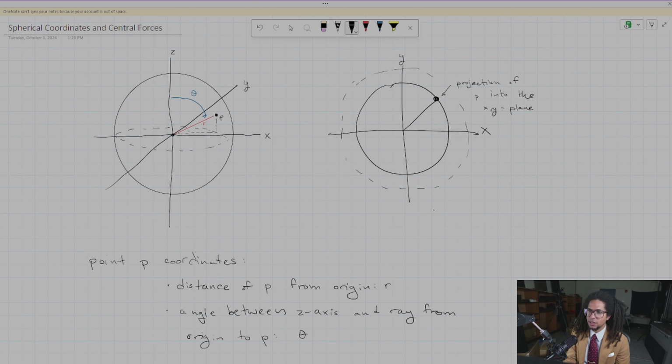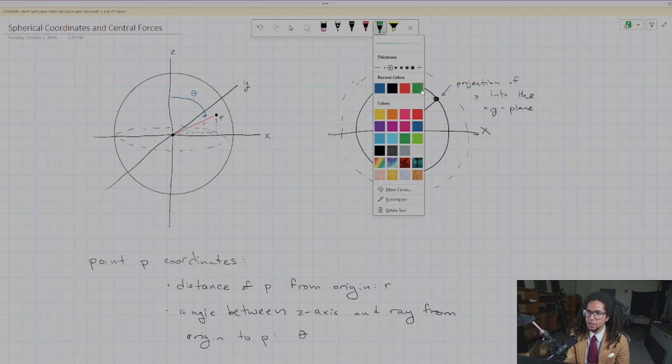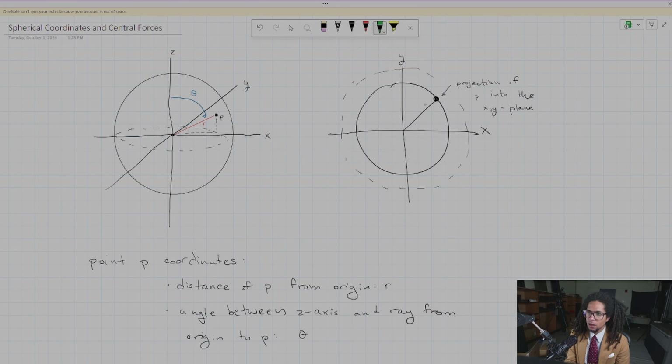Lastly, we projected down into the xy plane, and we can take a look at this angle that this projected vector makes with the x-axis.